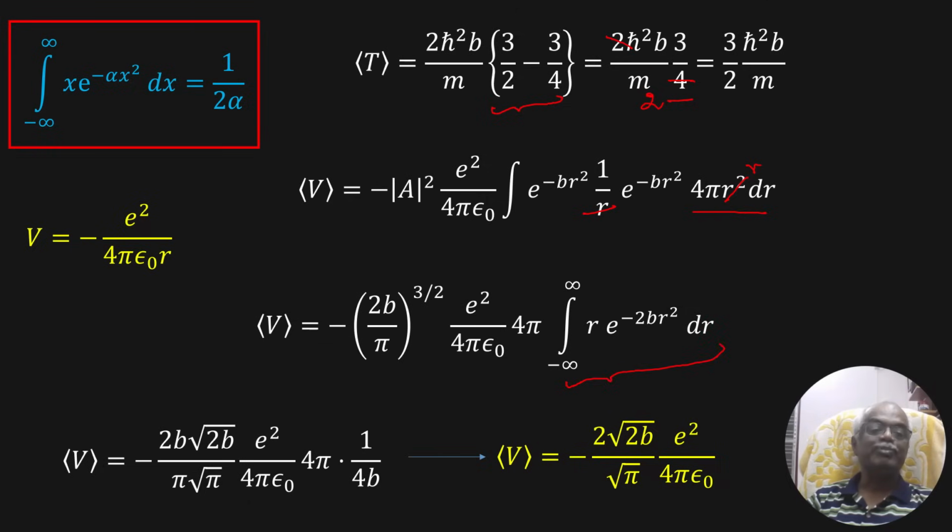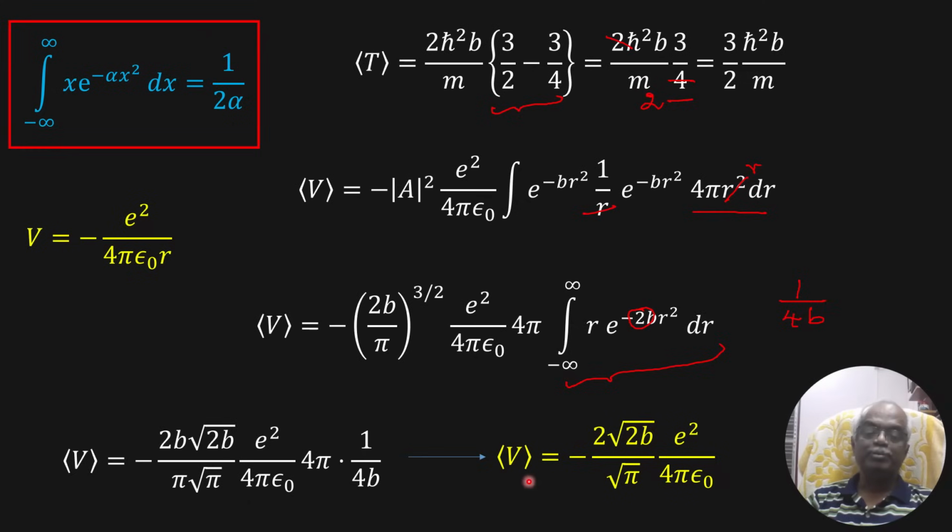So for a Gaussian function, the integral between minus infinity to plus infinity of x e power minus alpha x squared dx is equal to 1 over 2 alpha. This is the spread in the Gaussian function. So here, in our case, alpha is 2p. So this integral will become 1 over 4p, because 2 times alpha is 4p. So I am replacing it with 1 over 4p.